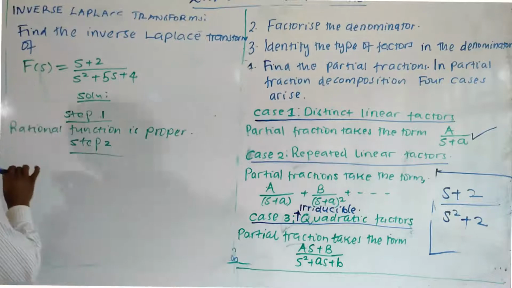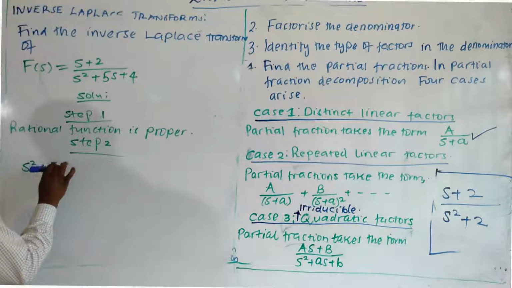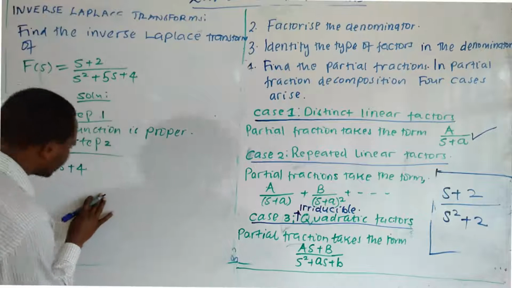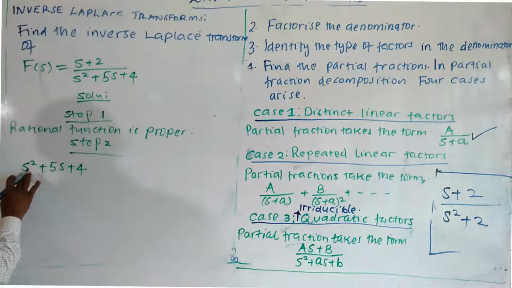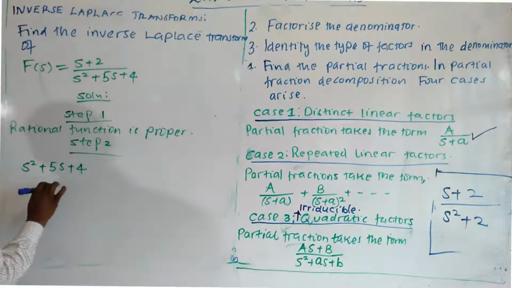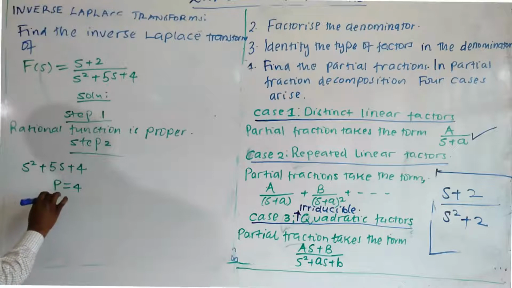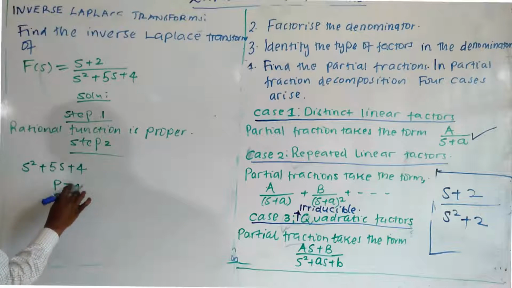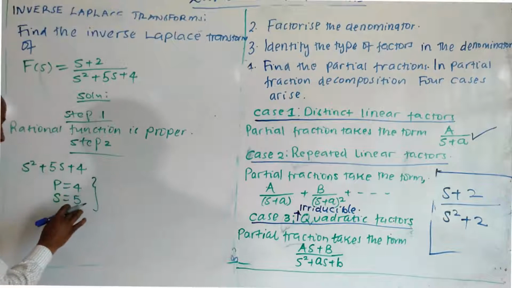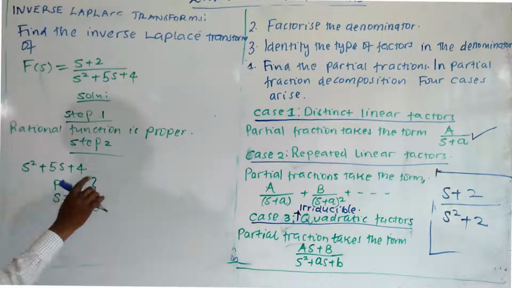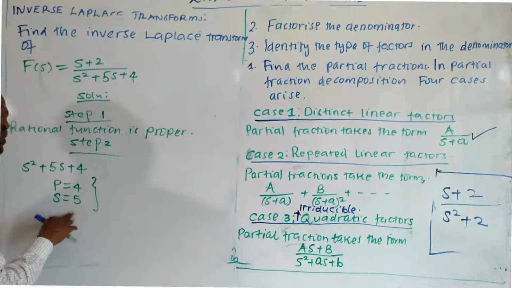What is the denominator? We have s squared plus 5s plus 4. Let us factorize. What is the product? The product is 4 times 1, so 4. What is the sum? The sum is 5. I hope you can remember this from your earlier years of study. So we need two numbers: if we multiply them, they give us 4, and if we add them, they give us 5.